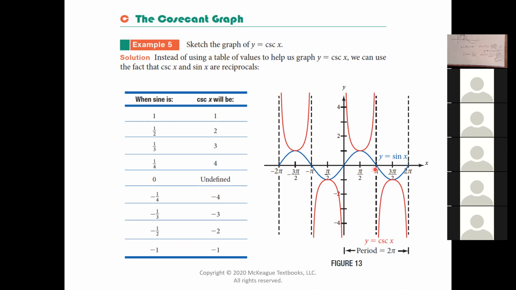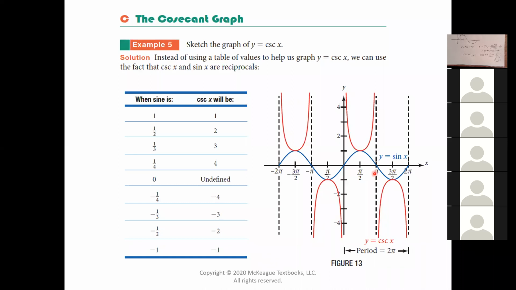In general, does anybody want to generalize or summarize, ladies and gentlemen, for what values is the cosecant function undefined in general? Can anybody generalize? Even multiples. Well, wait, is it only even multiples of pi? Here we have 1 pi, correct?